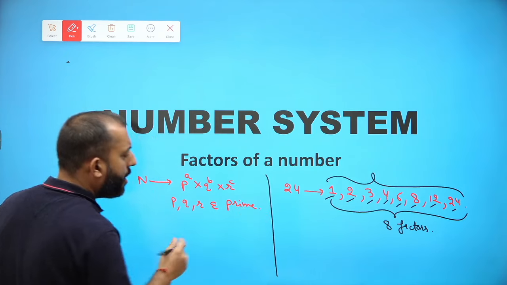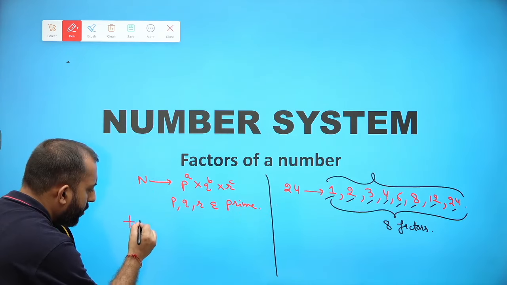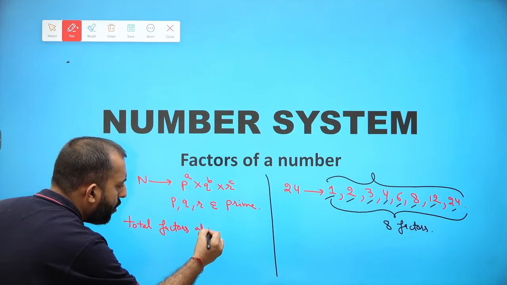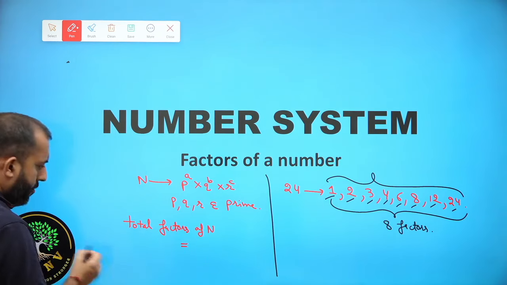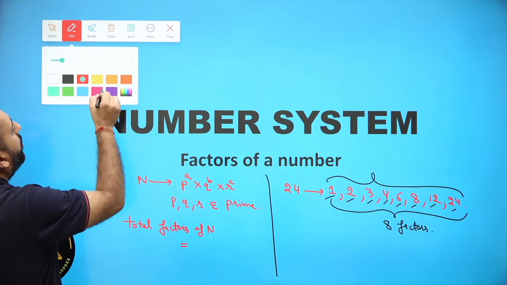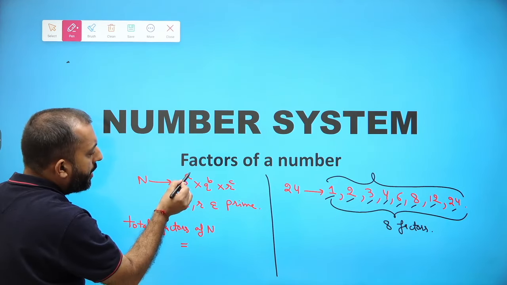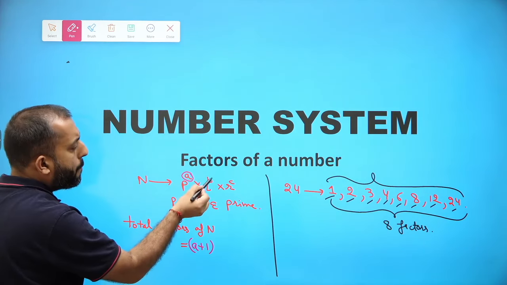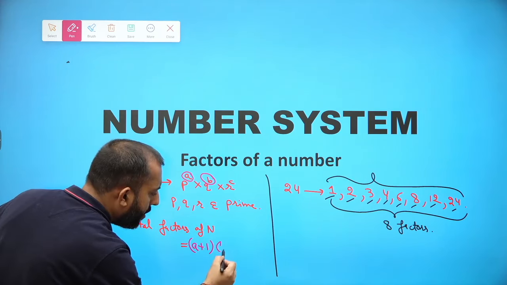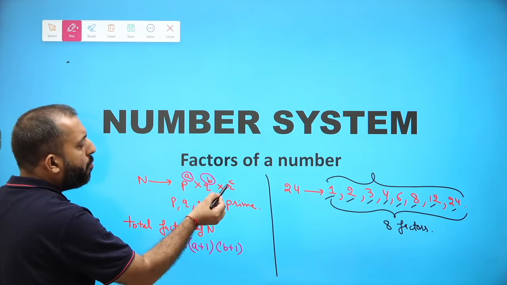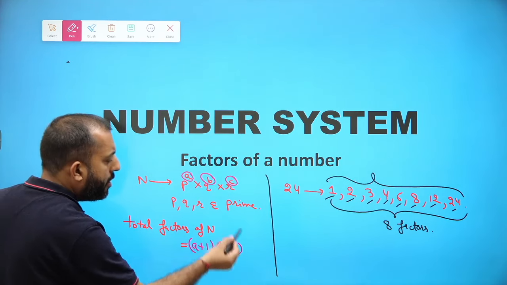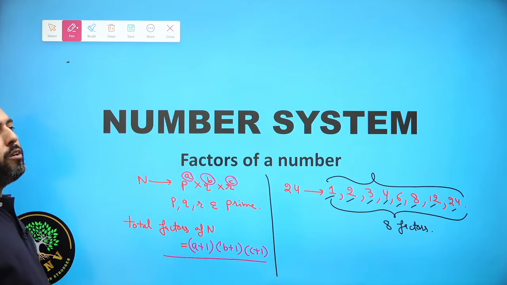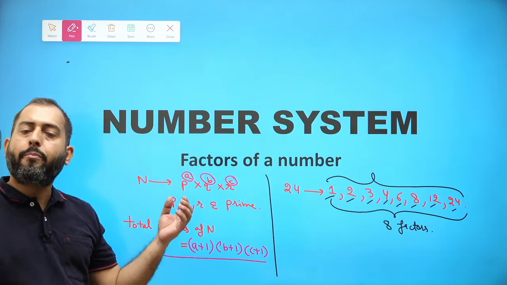Then total factors of n will be equal to (a plus 1) into (b plus 1) into (c plus 1), and so on. This is the shortcut to count all the factors of a number.